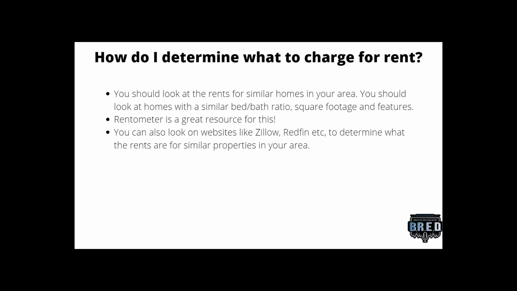I realized that because I did research and discovered a property not even a mile away from me, a little more updated, that was charging $1,400. I tried to look for it the next week and it was gone. What does that say? It got rented. So I'm like, okay, this is what I can charge. And initially I wasn't planning to do any updates to the property.